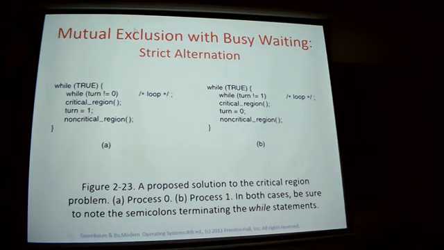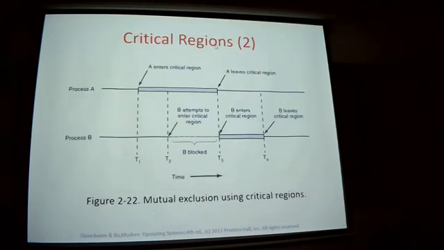It is called mutual exclusion. So there are many ways. We have just learned the critical region, and this is only one way. And now another way.